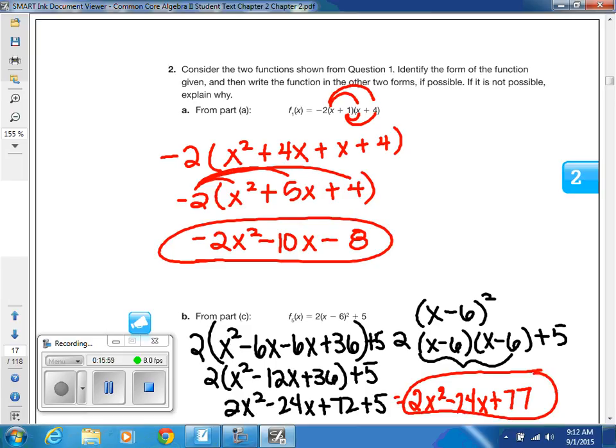That's just math. That's just simplifying. That's all you're doing, all right?